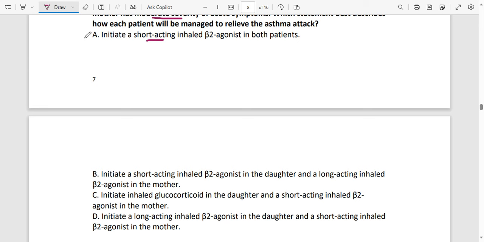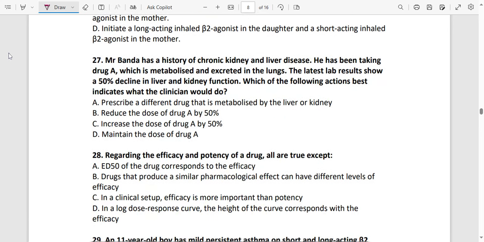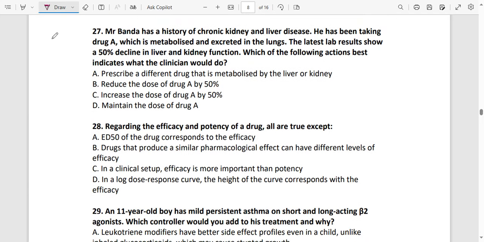Thank you so much. So that is it. It doesn't matter whether the condition is severe, mild, or moderate, start always with a short acting one.